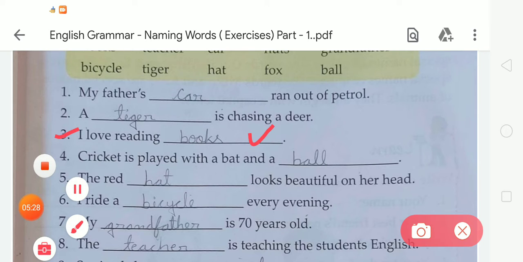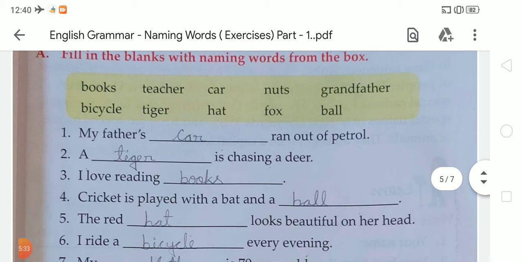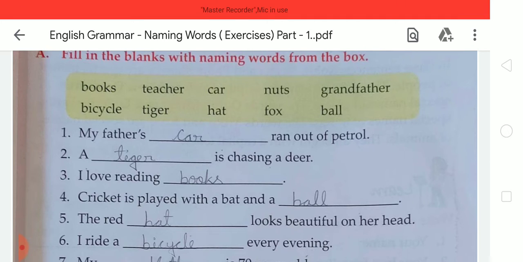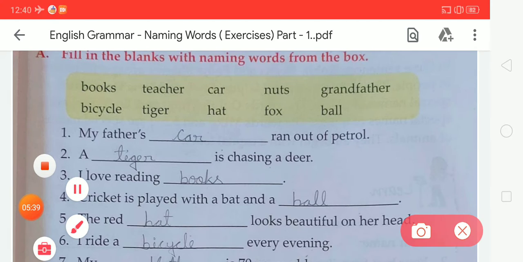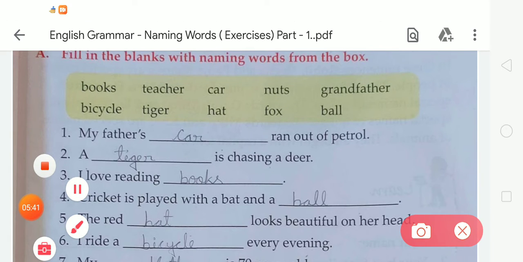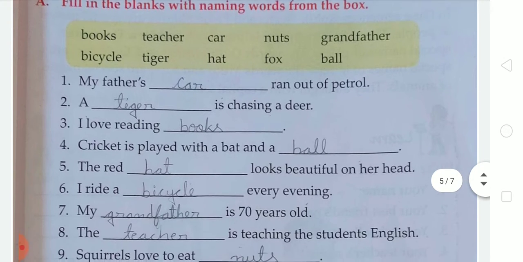It is B-O-O-K-S, books, which is given in the box, so we choose from the box. In number 1, my father's car ran out of petrol. In number 2, a tiger is chasing a deer. In number 3, I love reading books. Now moving to the next number. The next number is number 4.